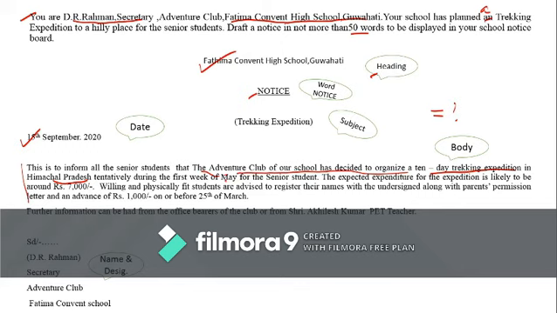When? The answer to the question when is given here, for senior students. The expected expenditure for the expedition is likely to be around 7,000 rupees. Willing and physically fit students are advised to register their names with the undersigned along with parents' permission letter and an advance of 1,000 rupees on or before 25th August, something like this.